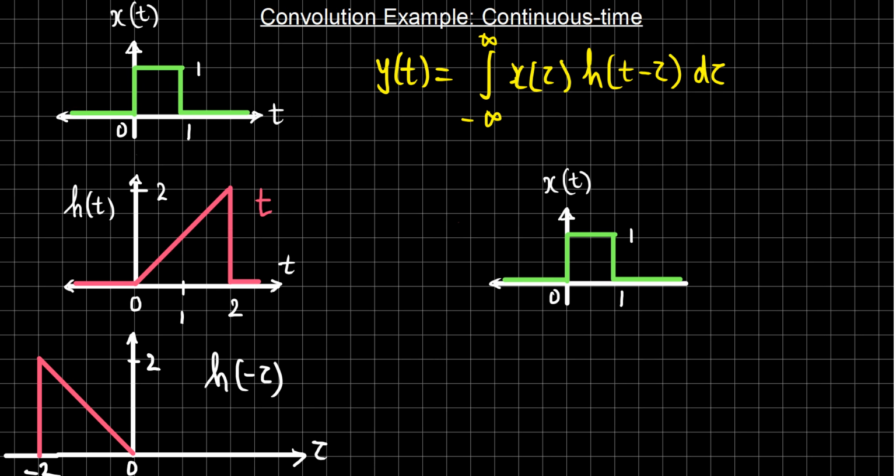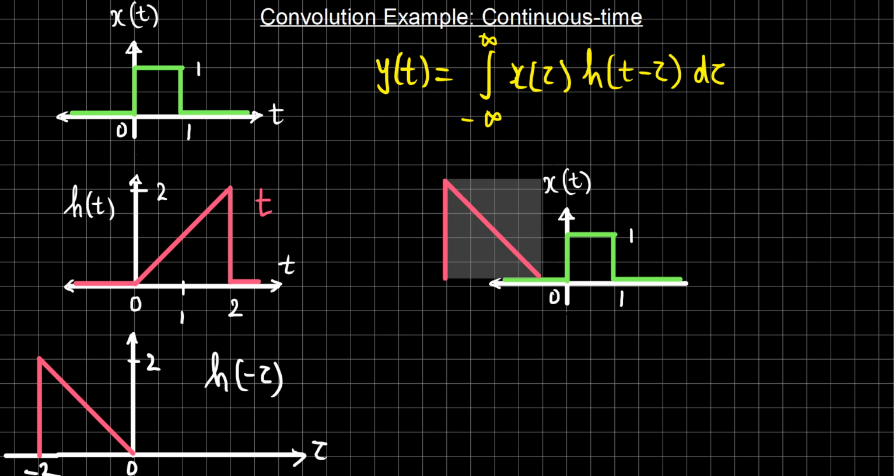So I'll take this h and place it here. While doing this shifting, we are shifting as per small t, so let's suppose we are shifting this signal all the way from left towards right. So we are analyzing various cases here.